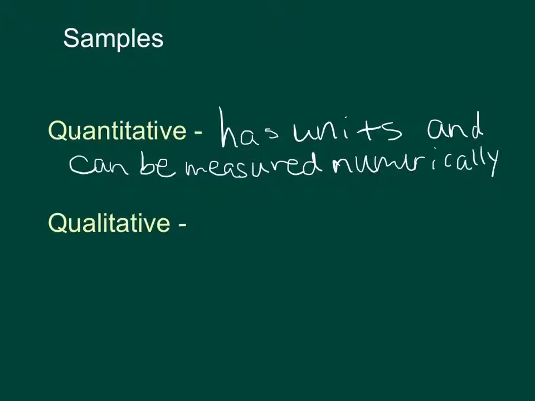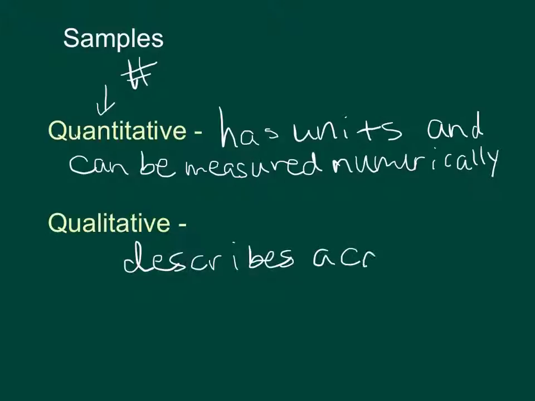The way I think of this is, you see the N right there, quantitative, that means numbers. You have to have something with numbers for it to be quantitative. Qualitative describes a category. It cannot be measured numerically.